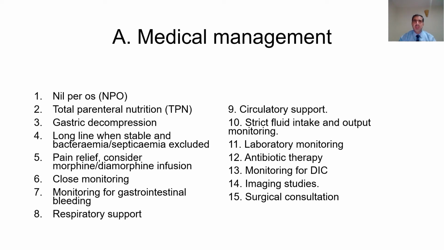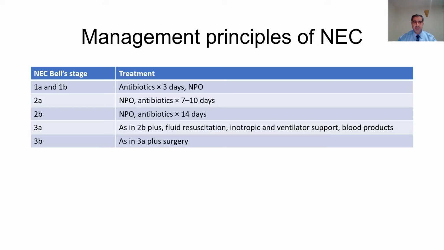Some literature recommends repeating the studies every 6 to 8 hours looking for pneumatosis intestinalis. If you already have these findings, you need to exclude complications, the most important of which is pneumoperitoneum. So you need to repeat X-rays in order to make sure that your baby did not go into these complications. And of course, we need to inform the surgeon for any baby who has stage 2 necrotizing enterocolitis.